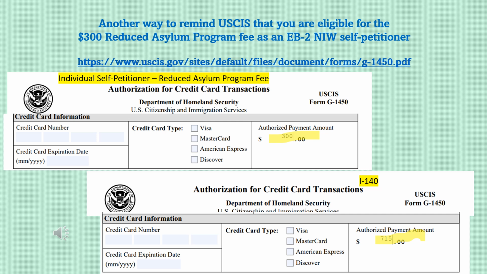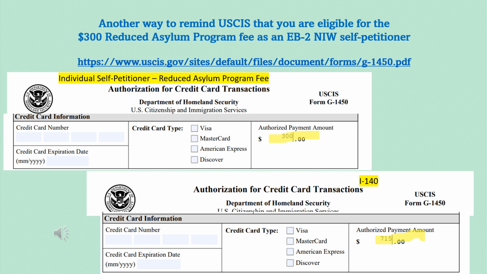Then you could use that, as long as you're positive that you're going to have the amount in the balance. So whether you use credit or debit, you can fill out form G-1450, and I have the link to it at the top of the slide.